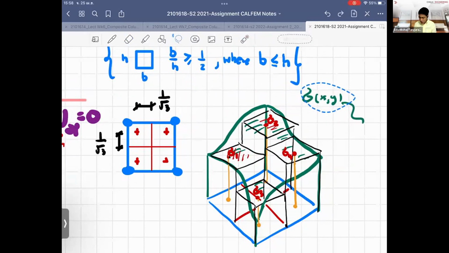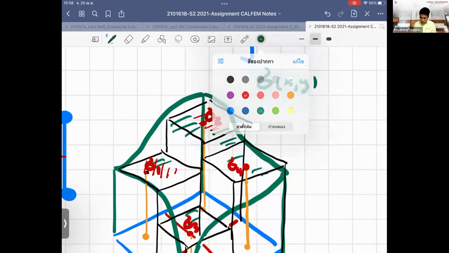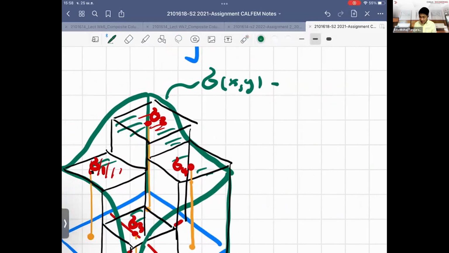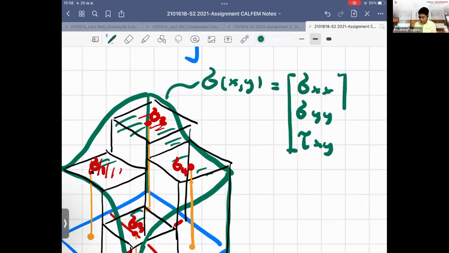What I'm trying to say is here, let me show you. This comes as a set of the stress tensor, which is sigma x, sigma y, and tau xy.